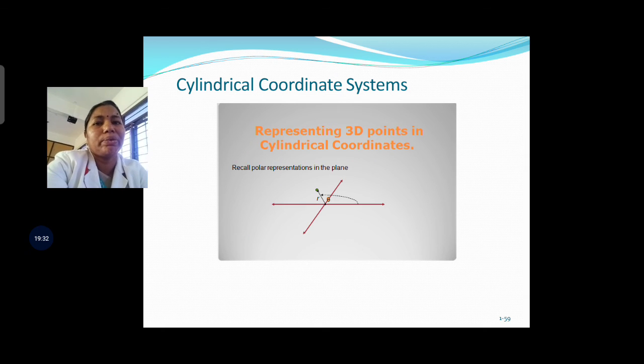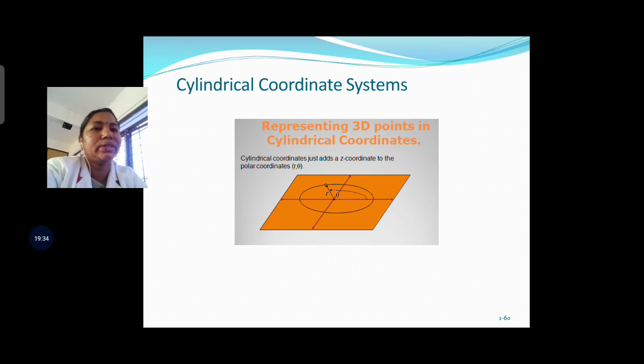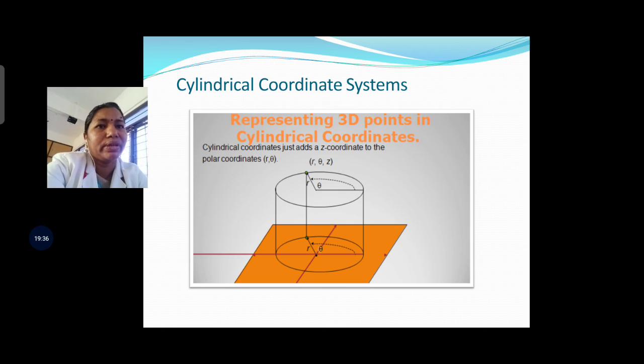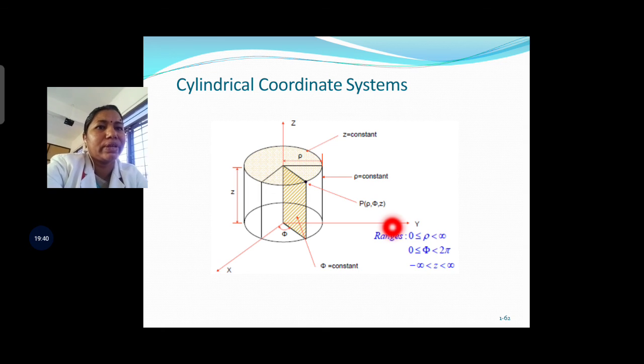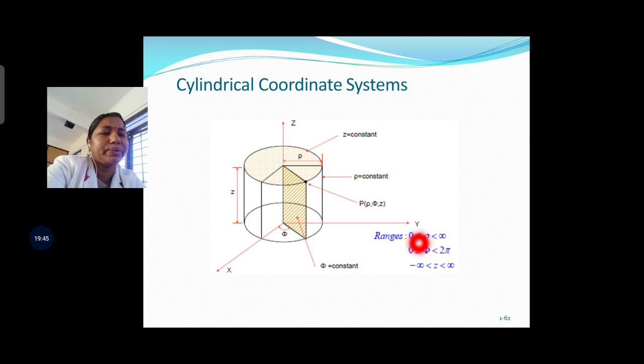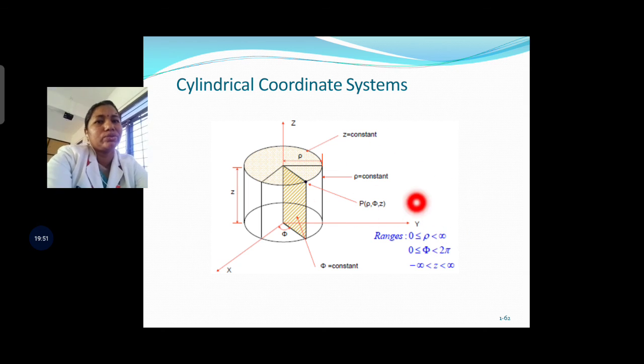In some books rho may be written as r, so rho, phi, z or r, phi, z are both the same for the cylindrical coordinate system. Rho ranges from 0 to infinity, phi from 0 to 2 pi, and z from minus infinity to infinity. We can substitute these things in problems for the cylindrical coordinate system.